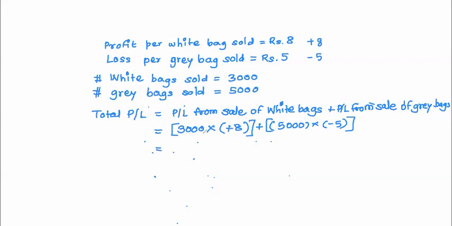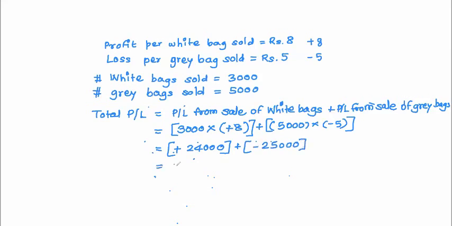So 3000 multiplied by plus 8, we will multiply the weights. 3000 into 8 gives us 24,000. The sign is plus here, same sign gives positive sign. Plus 5000 multiplied by 5 gives us 25,000, and sign plus here, minus here, different signs give a minus sign.